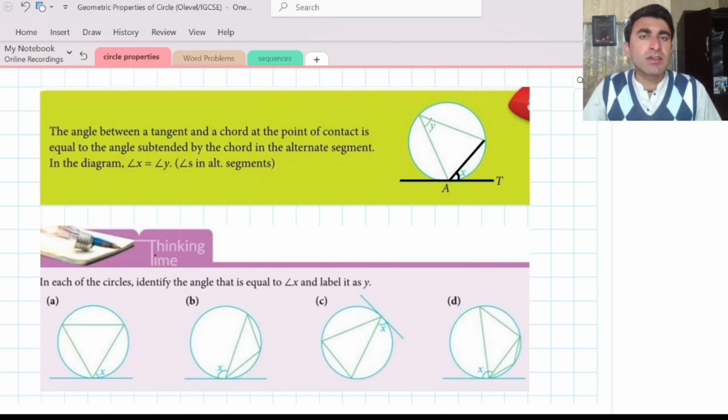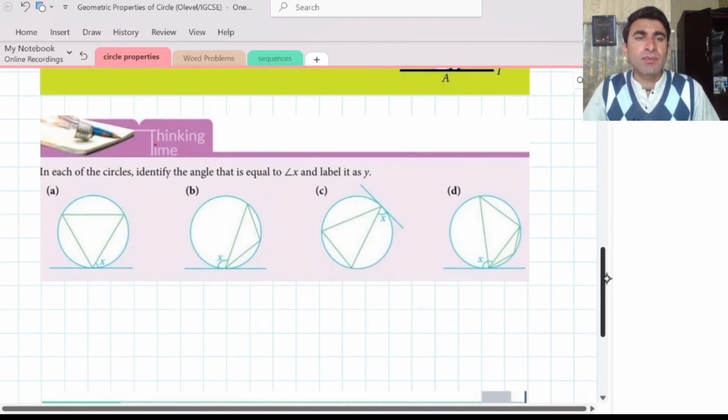The angle in the alternate segment opposite to that chord is y, and according to this property, the angle between a tangent and a chord at the point of contact is equal to the angle subtended by the chord in the alternate segment. In this diagram, angle x equals angle y, and it is abbreviated as angles in the alternate segments.